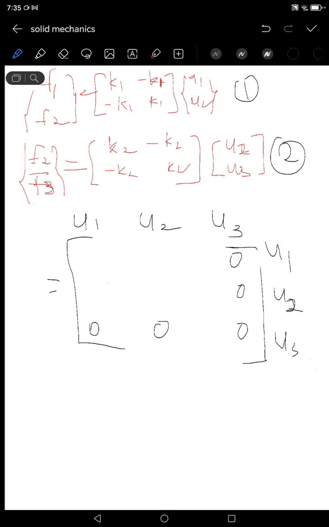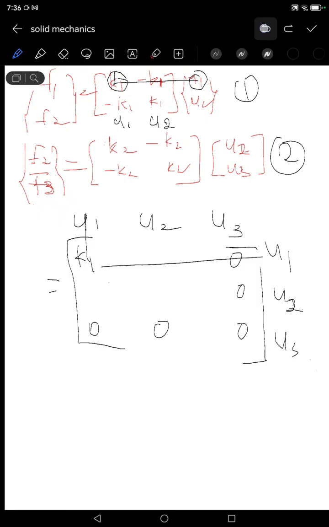Okay, and then now we come here at u1. Remember, here is going to be u1 and here is going to be u2. When we write this 3 by 3 matrix, we check: u1 matches with u1. This is our u1 and this is also our u1, so it's going to be k1.